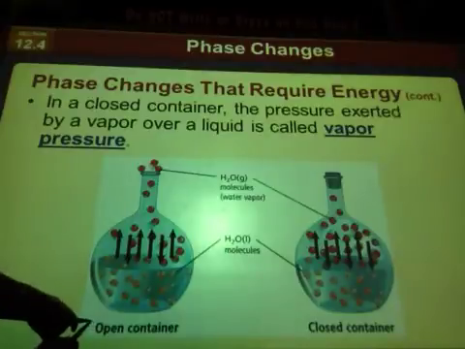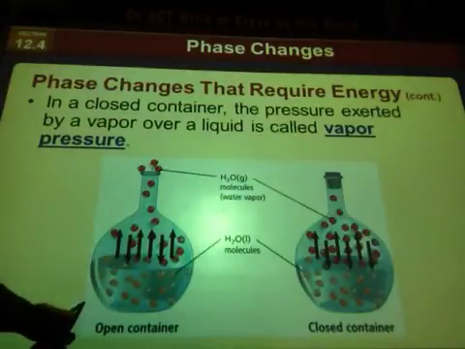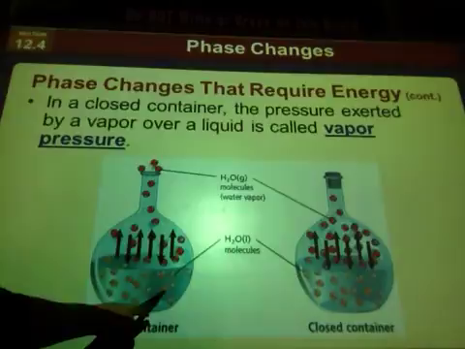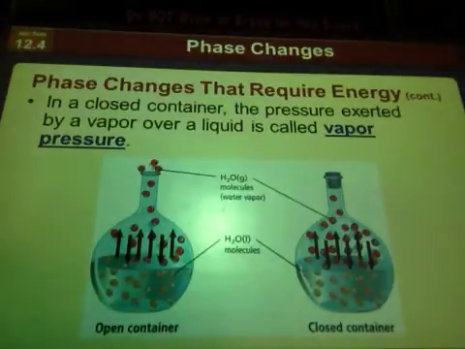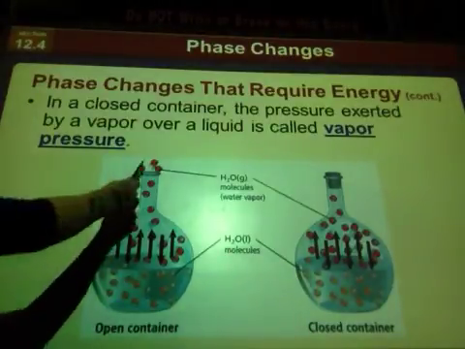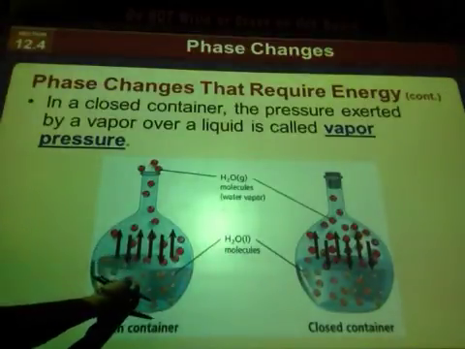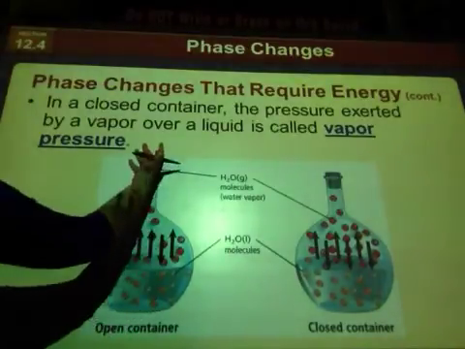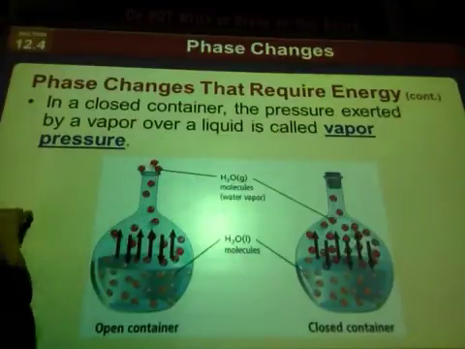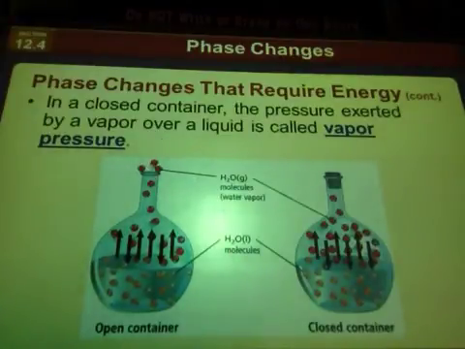In the open container, the water molecules in the liquid can eventually evaporate if I leave it open. Those water molecules can eventually come up through my container and evaporate, so they can move from that liquid to the gas phase.